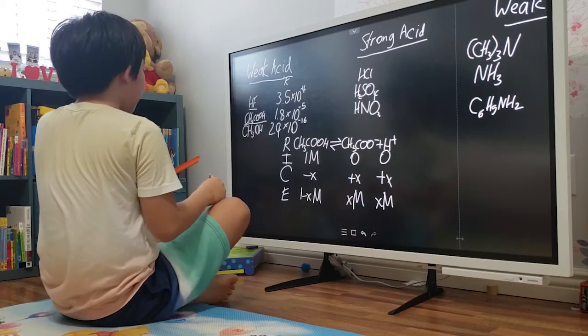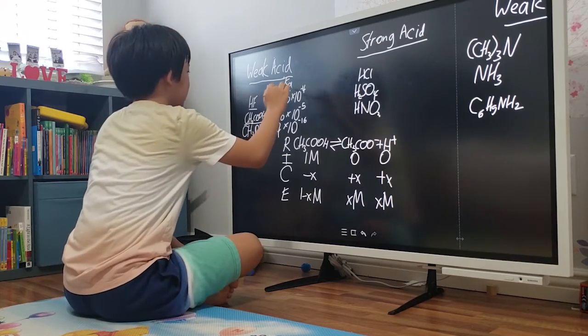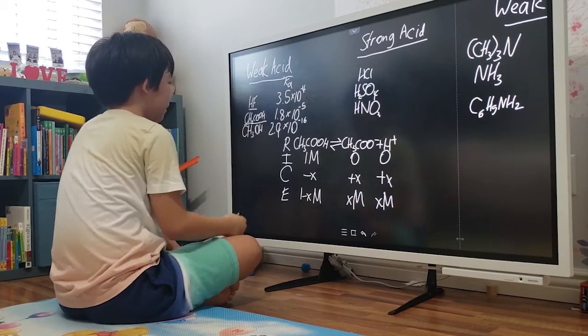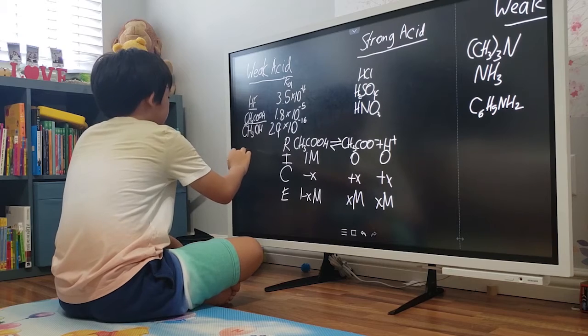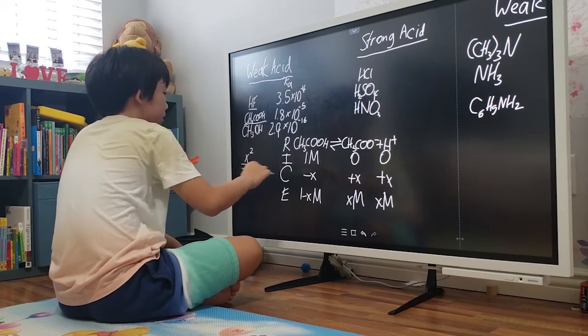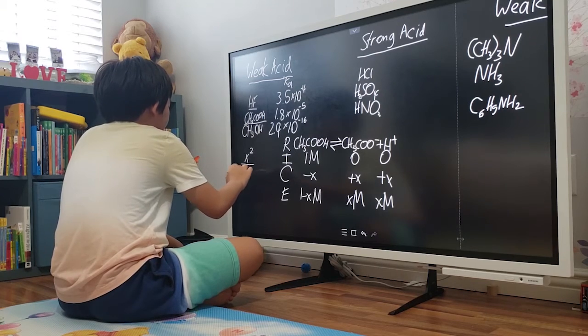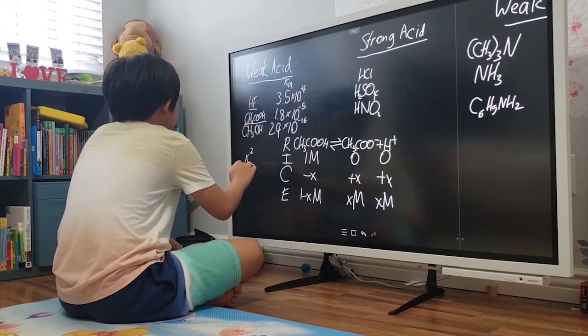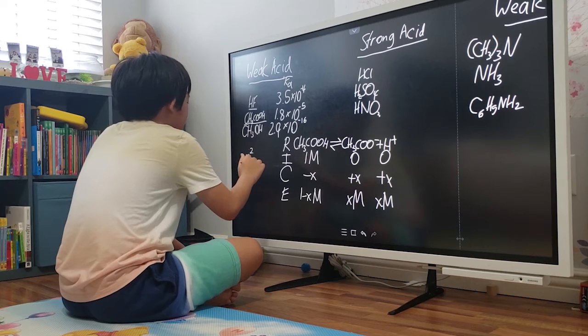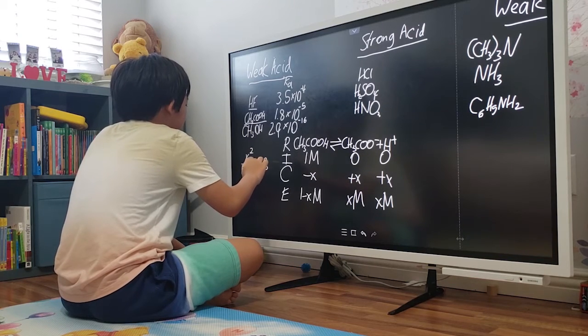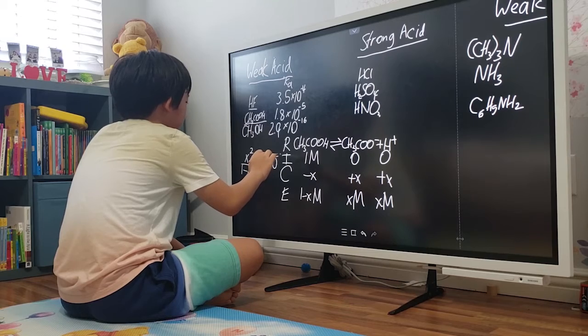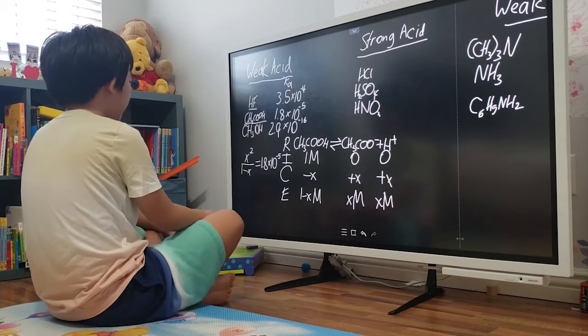Now our Ka will be equal to the ion concentrations, the product, squared, divided by the reactant concentration.